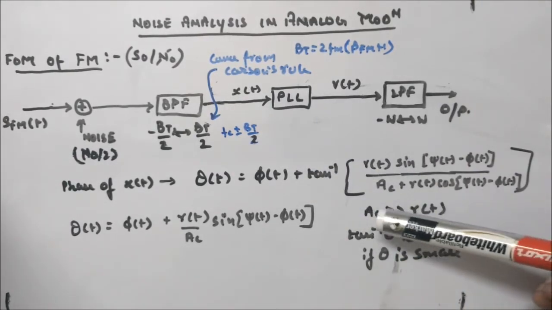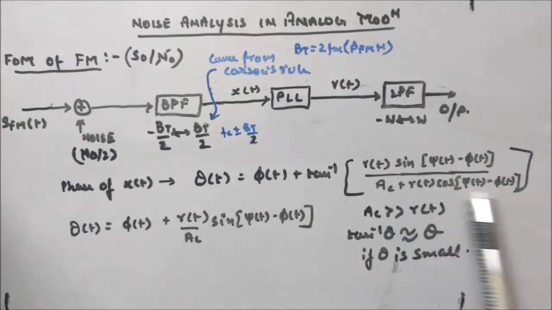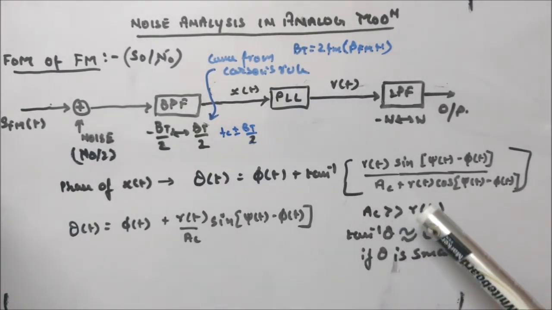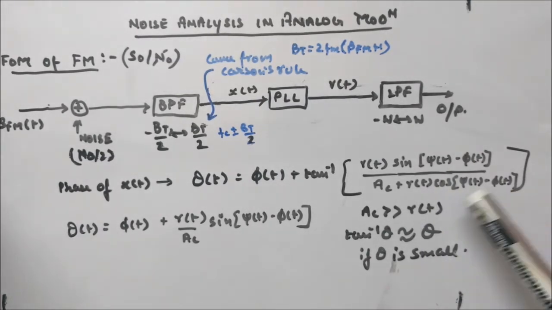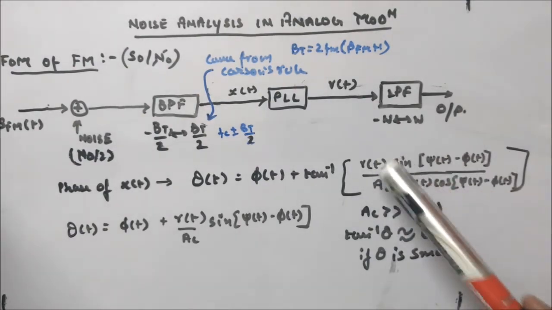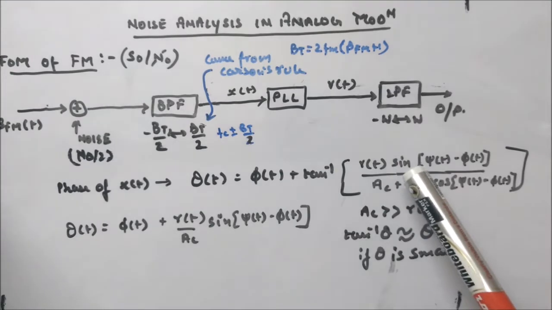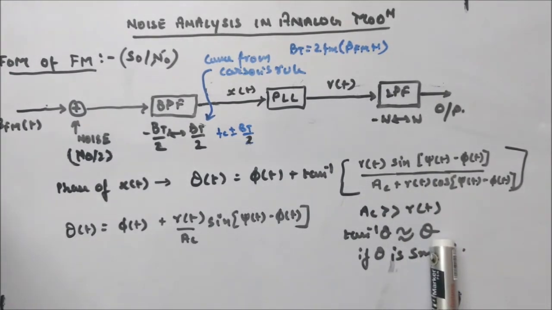That is why you can assume AC is way higher than RT, and you can ignore this term in the denominator. Second thing, if AC is too high with respect to this, at the same time your theta will be very small. The whole angle will be very small, and in that case you can assume that tan inverse theta is approximately equal to theta if theta is small.